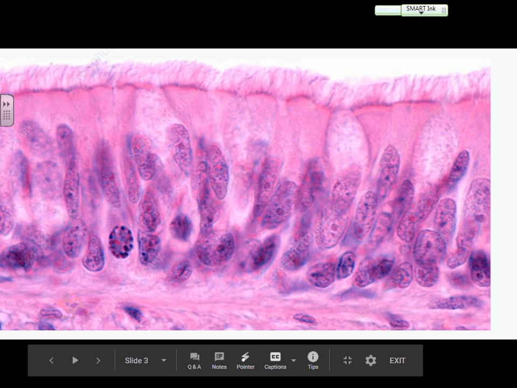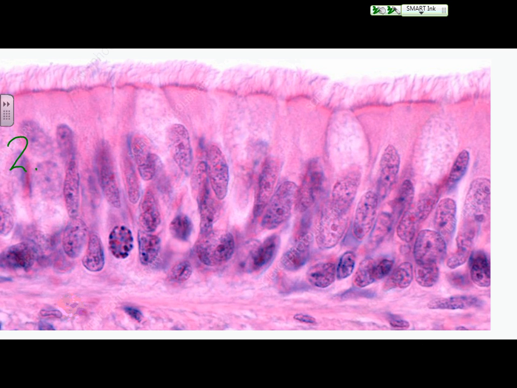Number 2. All right. This looks pretty wild. First thing I notice, I'm always looking at the edges on these. So I do notice there's some kind of surface feature here. So right away I'm thinking of cilia or microvilli, one of those two. They're both associated with columnar cells. So what I want to look at is the nuclei.